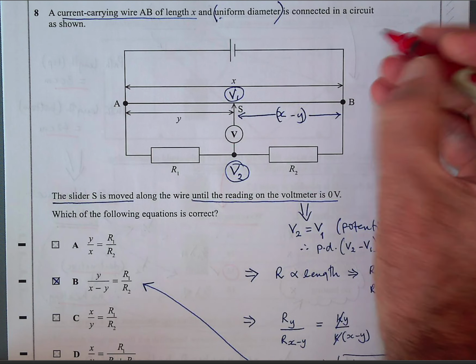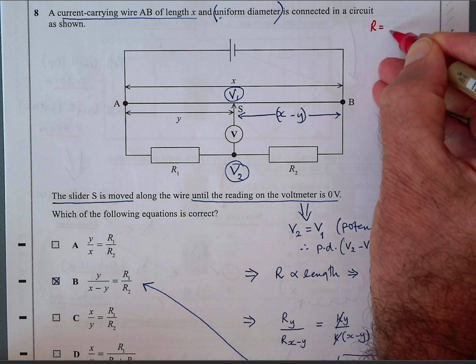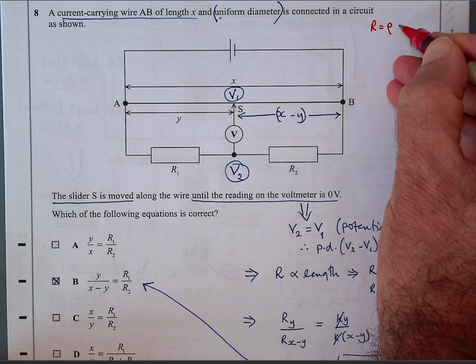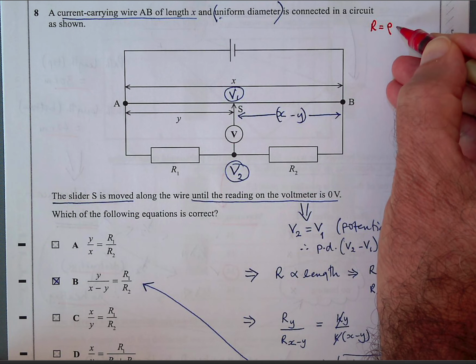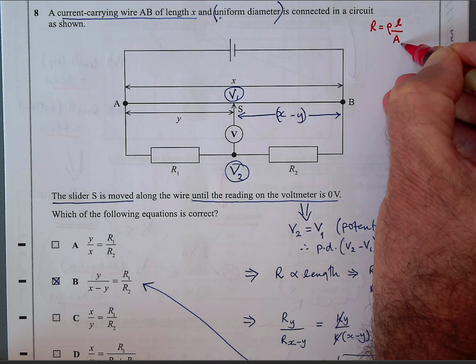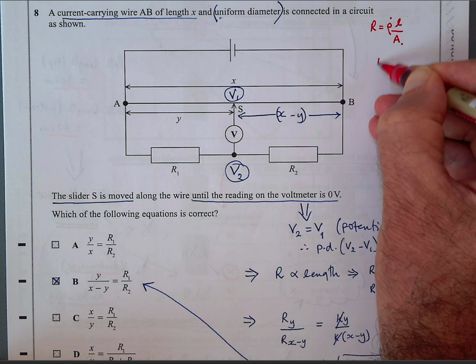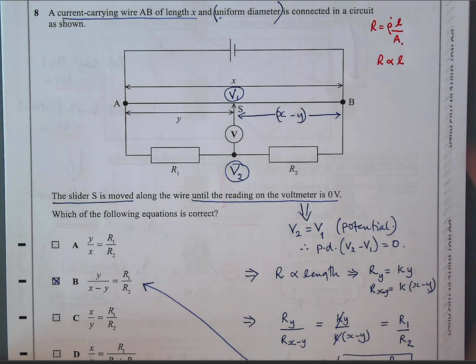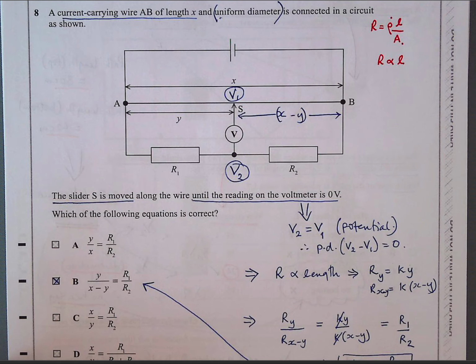So this is your knowledge that the resistance is equal to the resistivity of the material, since the wire is made from the same material, times the length divided by the area. And since the area doesn't change, resistance is directly proportional to length. So that's just some background physics that you need to know.